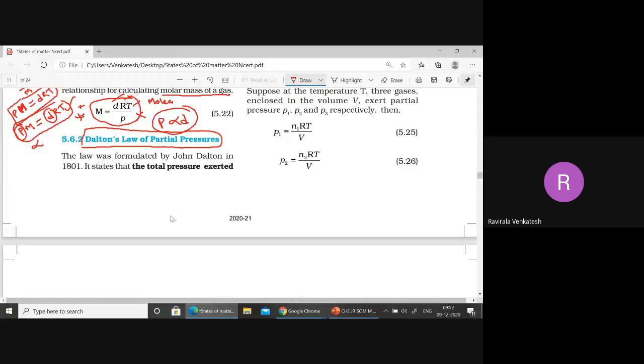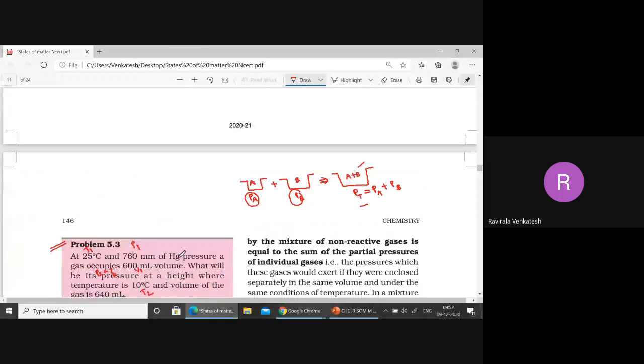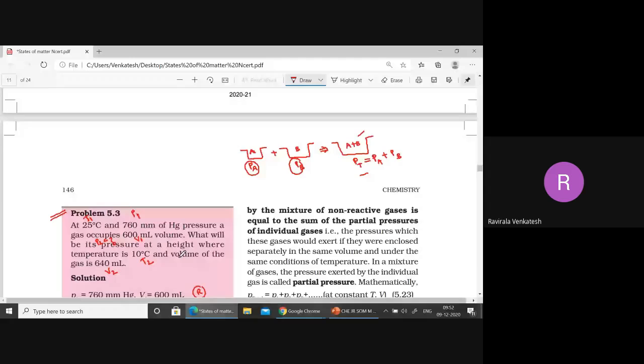What is the law? The total pressure exerted by a mixture of non-reactive gases is equal to the sum of the partial pressures of the individual gases. This is important.